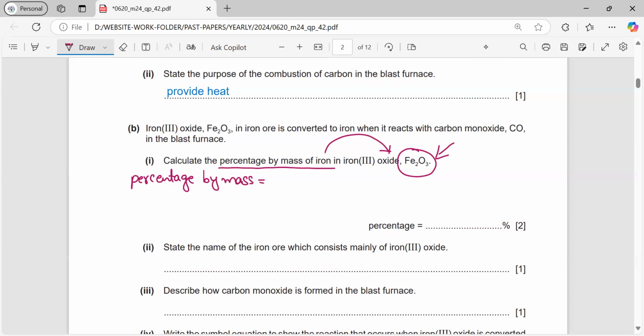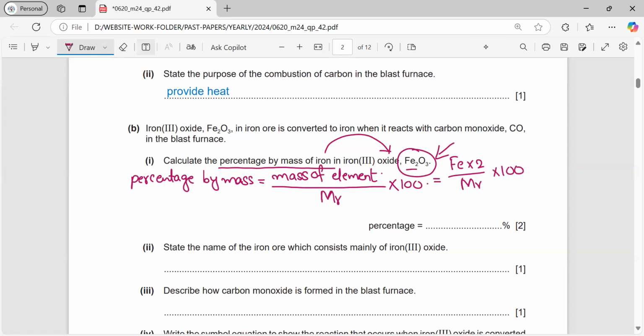We will calculate it by doing the mass of that element in a compound divided by the MR of the compound, the molecular mass of the compound, multiplied by 100. So in this question, the iron is Fe2, Fe into 2. And then we'll calculate the MR multiplied by 100.